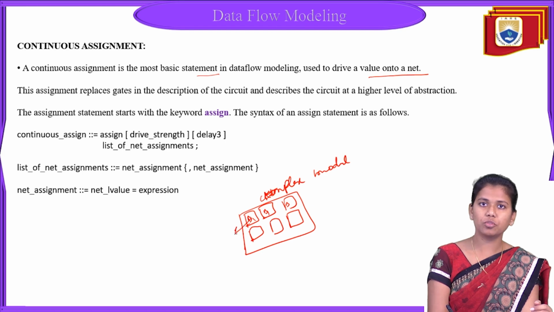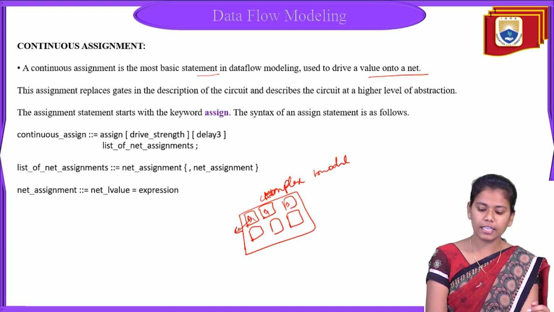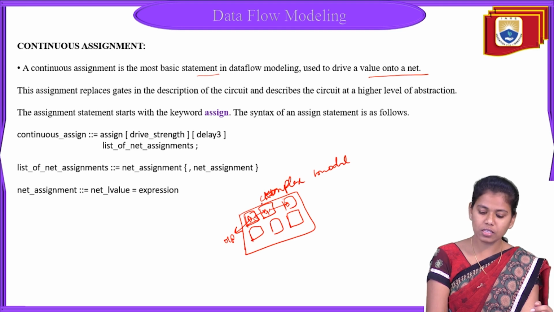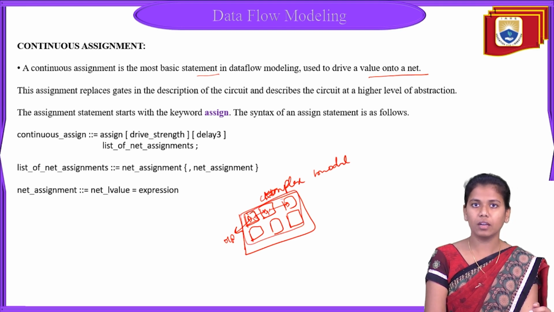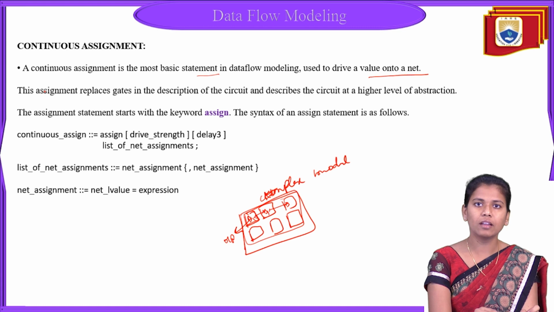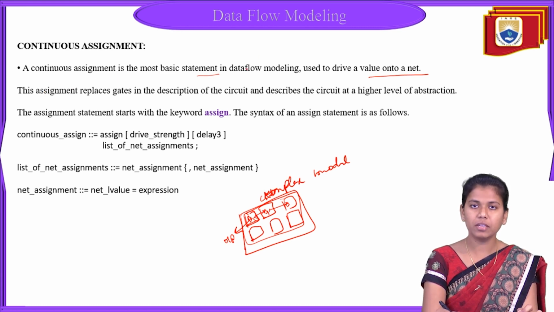Each individual block has its own specification and it generates some output. And there is a connection between the simultaneous blocks. This cluster is nothing but a net. So a continuous assignment is the most basic assignment statement in data flow modeling.